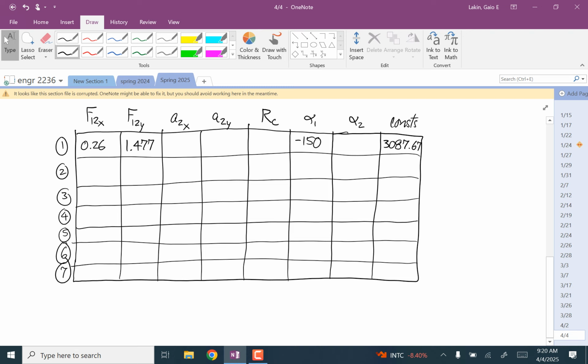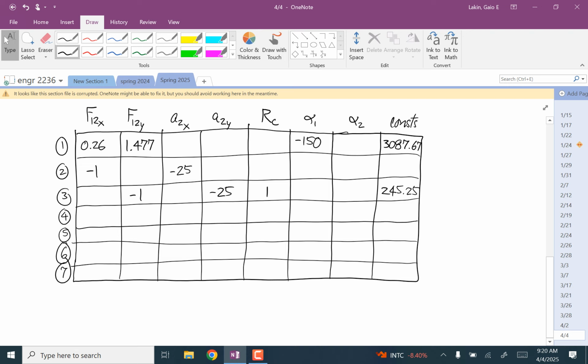Okay? Equation 2, F12X is negative 1. A2X is negative 25. That's it. Equation 3, F12Y's, we have negative 1. A2Y's, we have negative 25. RC's, we have 1. Constants, 245.25.